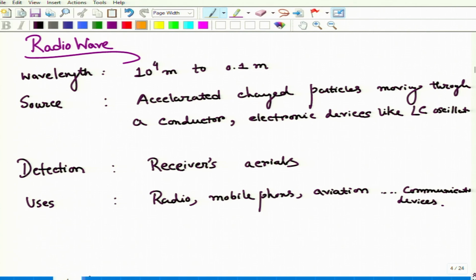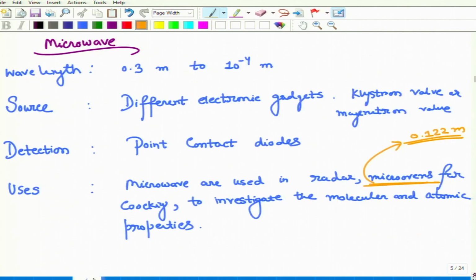Like radio wave is used for NMR spectroscopy. Like that, microwave is used in ESR or EPR spectroscopy.